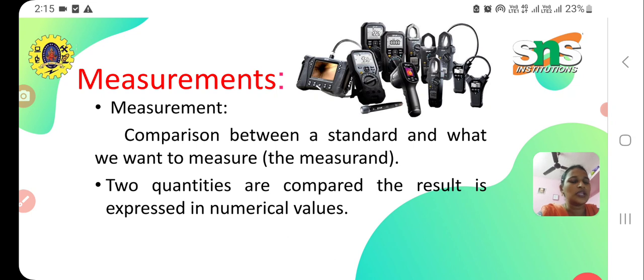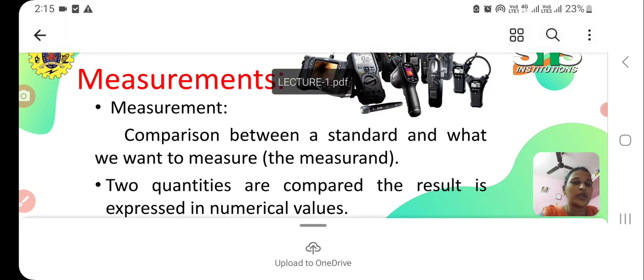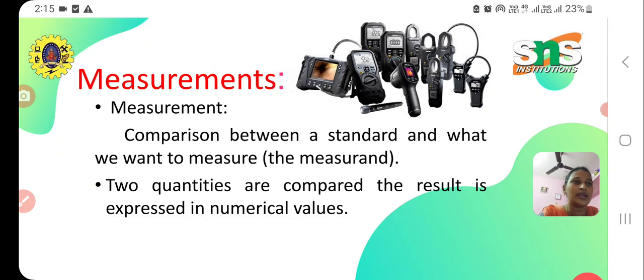Measurements. In general, the term measurement is used everywhere. Whatever we see, whatever we do, we express in terms of some mathematical value, which is nothing but the measurement or the measured value. For example, if I go to a grocery shop and buy a vegetable, I will ask, give me 1 kg of such and such vegetable.